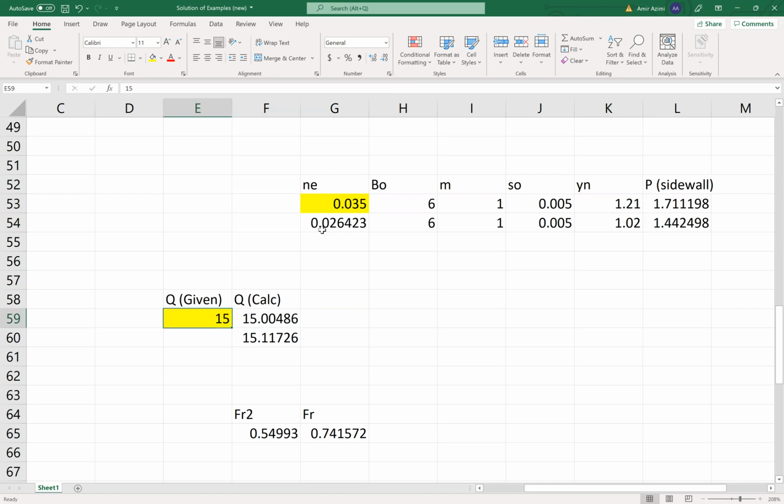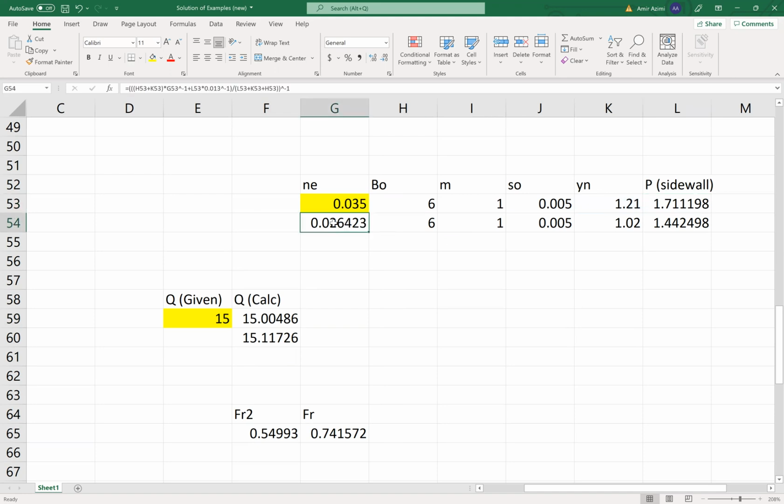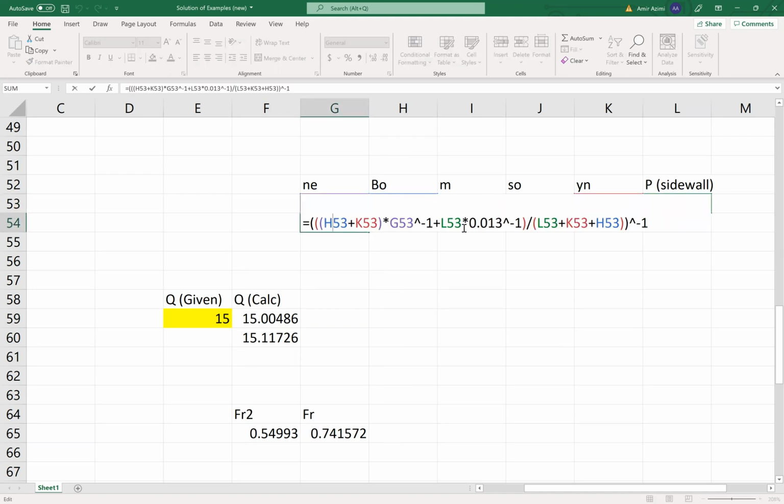Then in the next step, I'm going to calculate the equivalent Manning constant based on the given depth. So I need to calculate the wetted perimeter of the sidewall, which is square root of 1 plus m squared. So 1 plus m squared is 2, and then the square root of that times depth. So now I have P, I can calculate Ne from the Felkel equation.